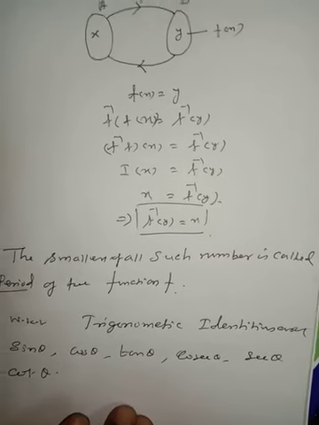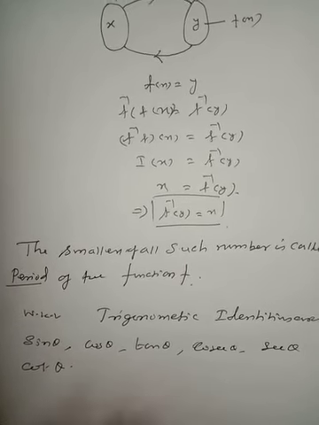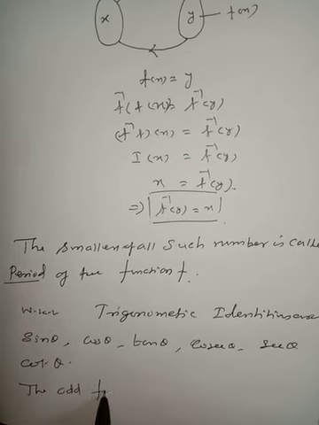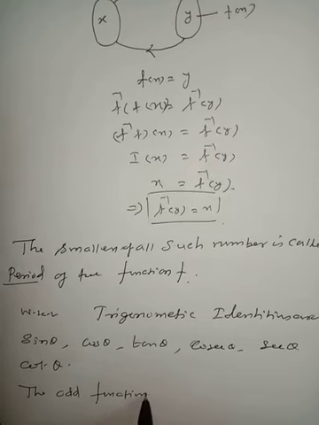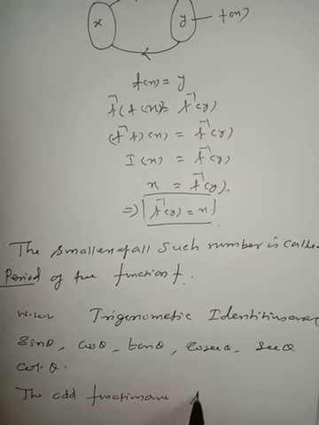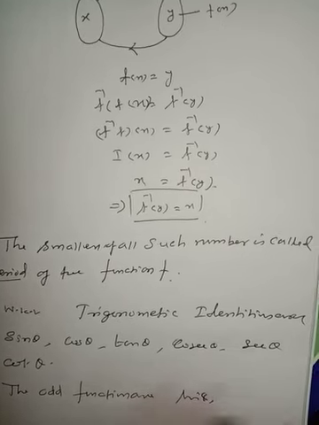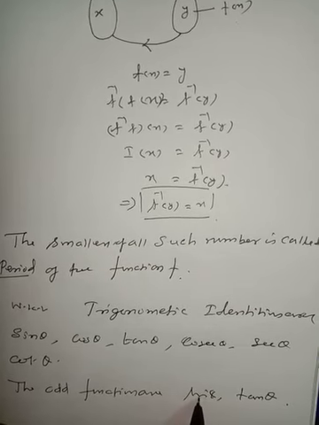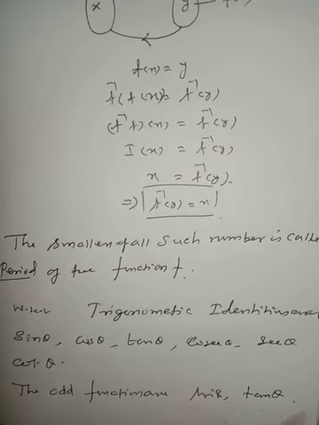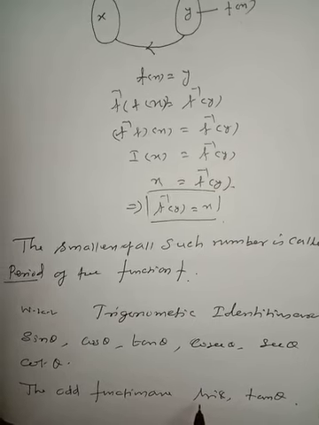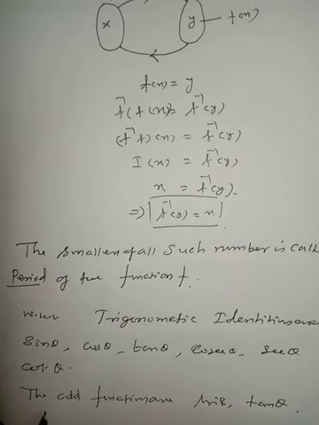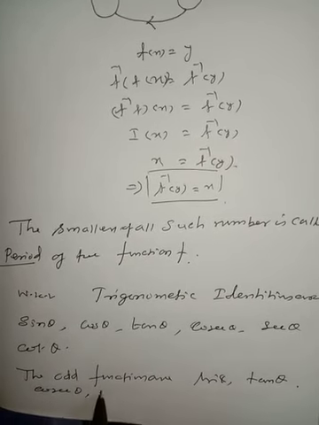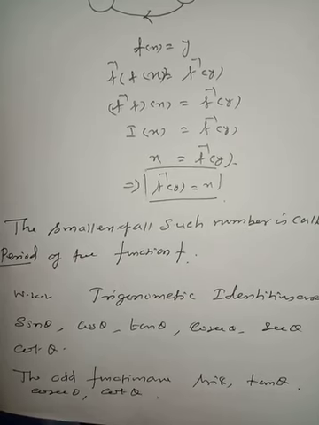There are two kinds of functions, one is odd, another one is even. The odd functions are sin theta and tan theta, and their reciprocals. Sin theta's reciprocal is cosecant theta, tan theta's reciprocal is cot theta.